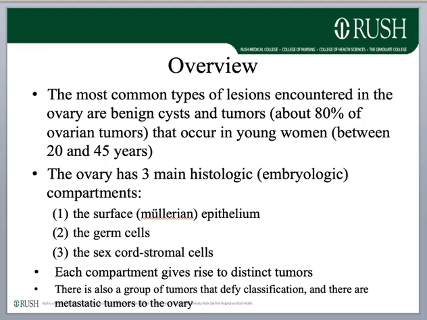There's the germ cells, which give rise to eggs, and then the sex-cord stromal cells, which support the development of the ovum. Each compartment gives rise to a distinct series of tumors, and that's the foundation for the classification of ovarian tumors. There is also a group of tumors that defy classification, and then there are metastatic tumors to the ovary.